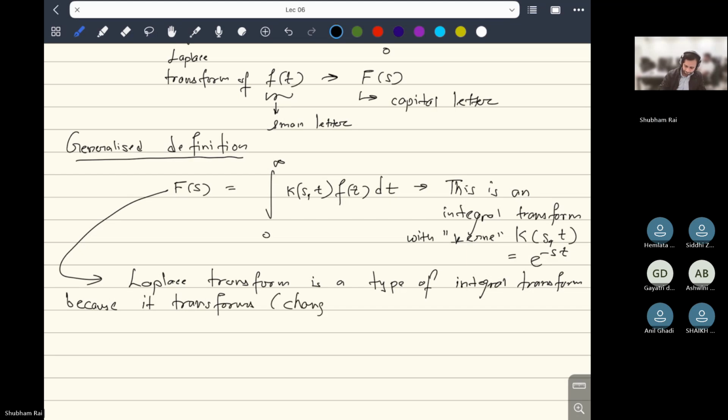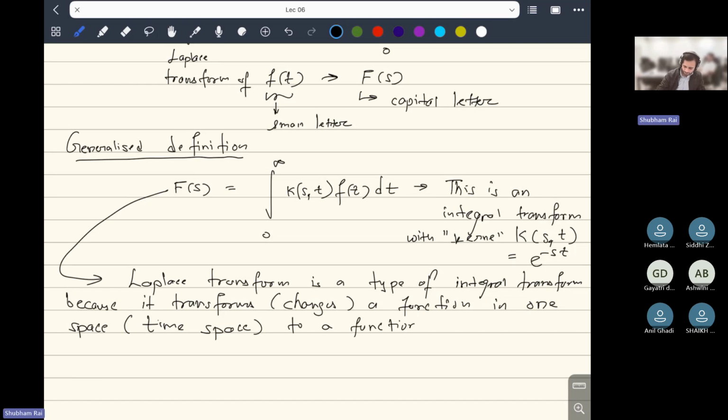Changes a function in one space. Here we have time space. Function in another space to a function.